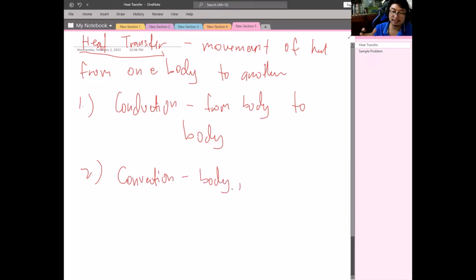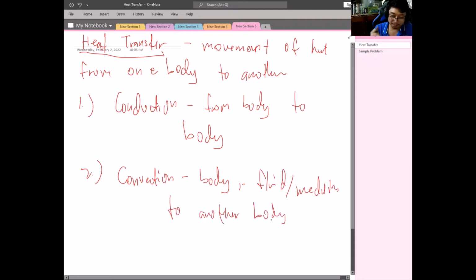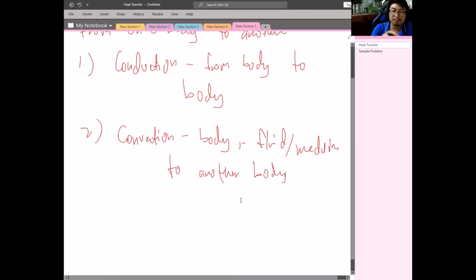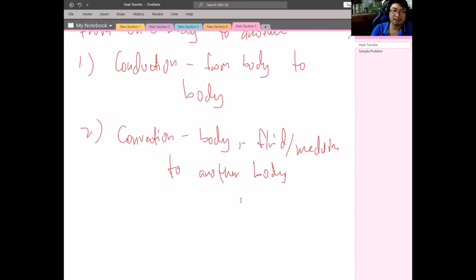Between 2 bodies, we have the medium or fluid or medium to another body. So in other words, parang ano to, may pawis, no, sa gitna. So from body to a fluid or medium to another body.